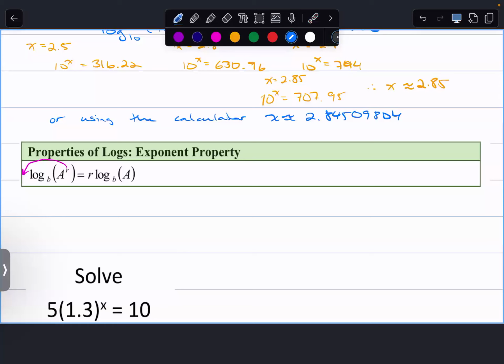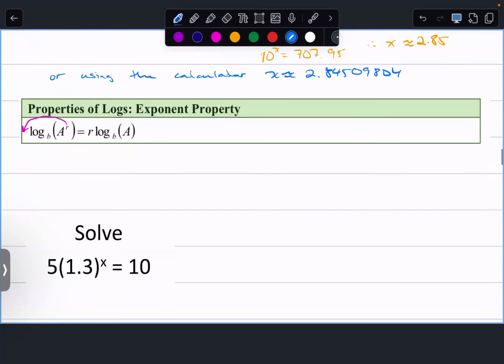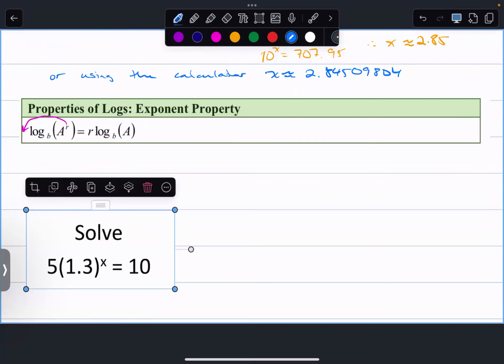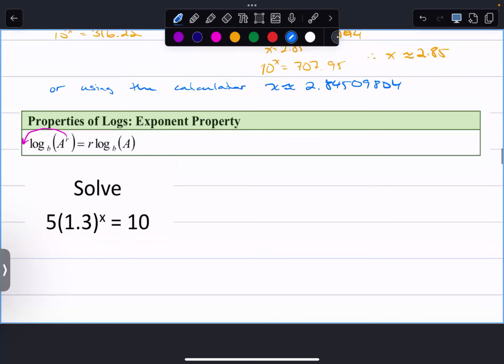And so here, let's try something like this. So if you want to try to solve 5 times 1.3 to the x is equal to 10, you want to try to figure out what x is.